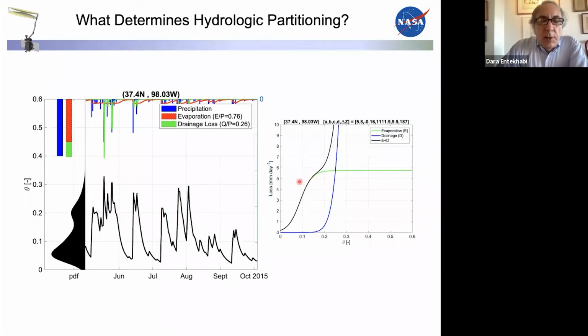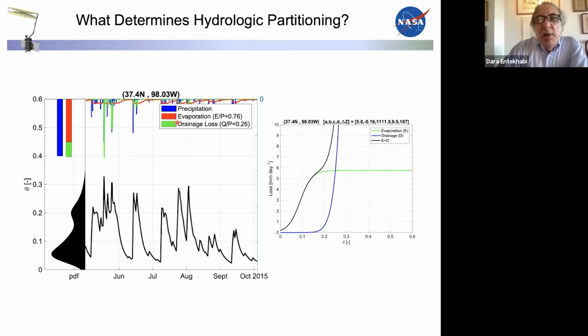Really what this is conceptualizing is that this is the time series of soil moisture, which has a certain marginal distribution, PDF. And these are the loss functions. And what you really have is a derived distribution. That is, these loss functions with this probability distribution function for the independent axis.